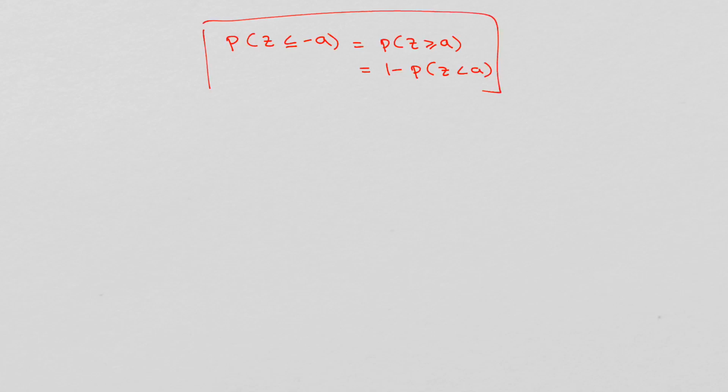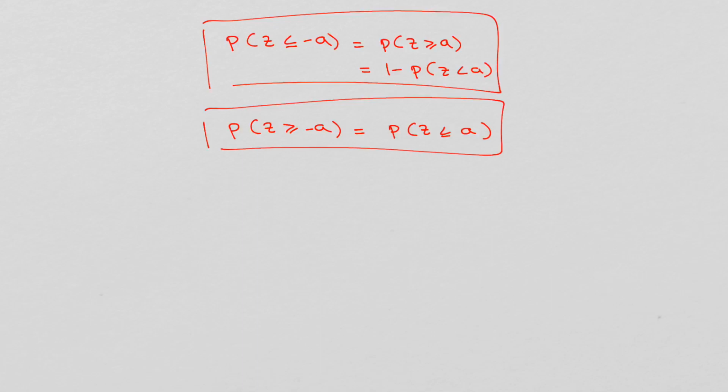So when we have less than or equal to a negative z-score, that's the same as 1 minus the probability of z less than the positive of that z-score. The second thing to note is that when the probability of z is greater than or equal to a negative z-score, that's the same as the probability that z is less than or equal to the positive of that value. So just two things to note there.